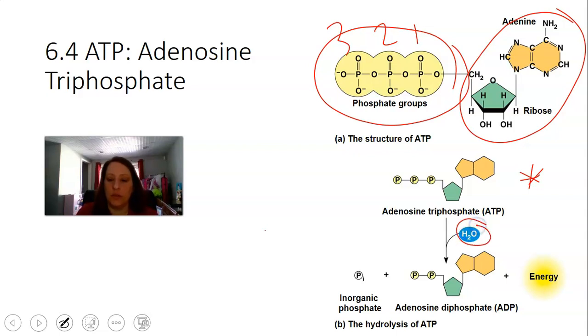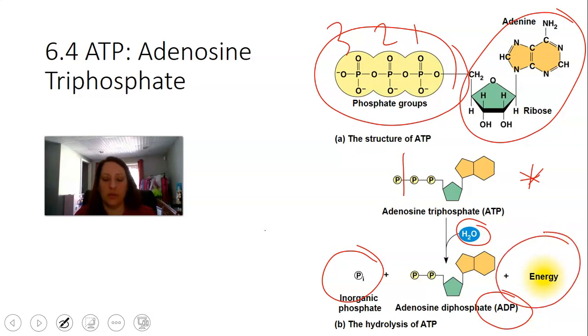Water, through the process of hydrolysis, will split the molecule right there, and the products of that reaction will be adenosine diphosphate, or ADP for short, inorganic phosphate, Pi for short, and the most important thing is the energy held in that bond is now released.